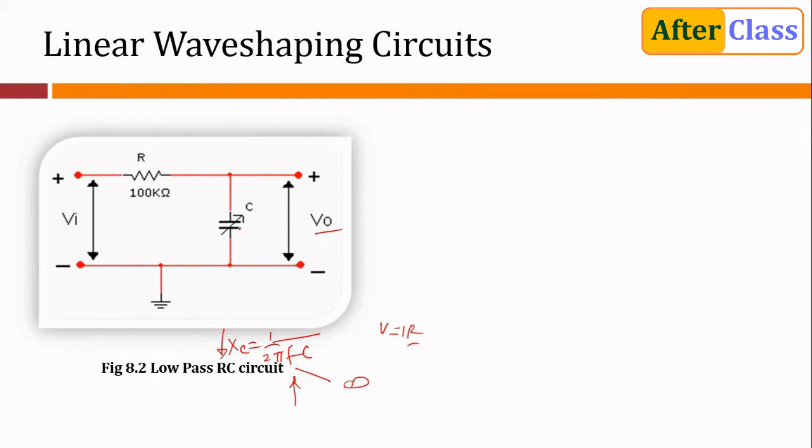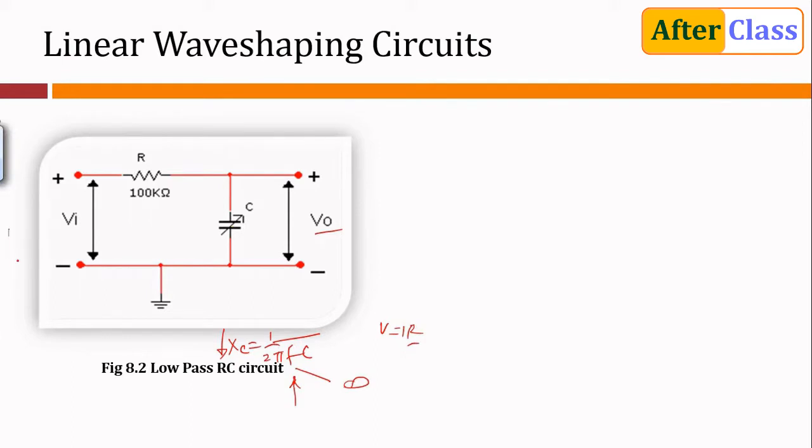So this capacitor has a major role to play. This is a fixed value of resistance. It will always offer some resistance, but ultimately the gain of the output signal depends upon the value of this reactance, which again is a function of frequency.